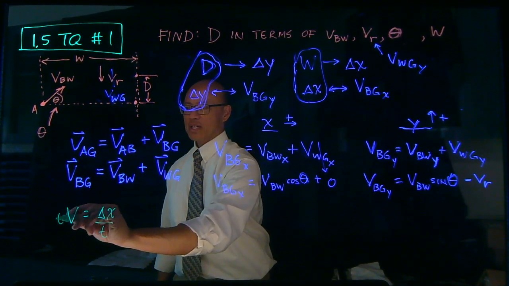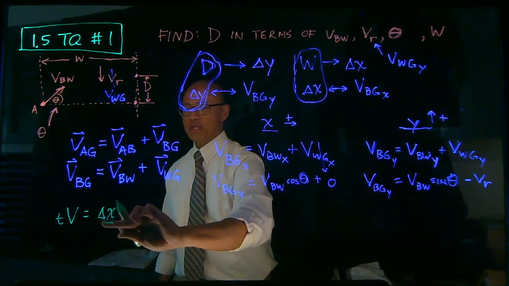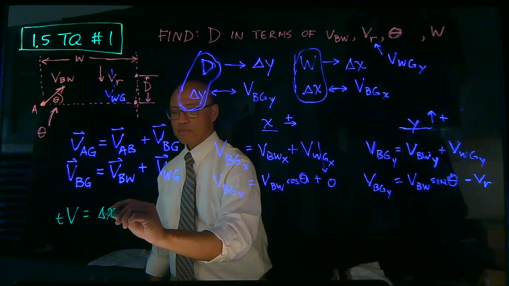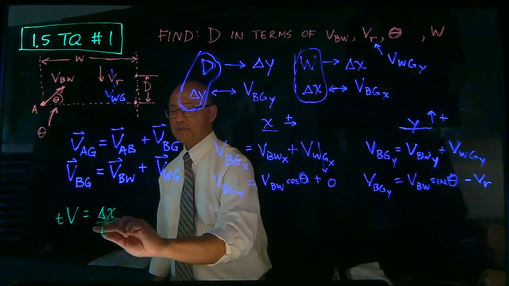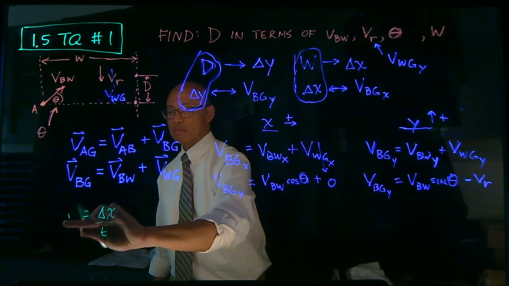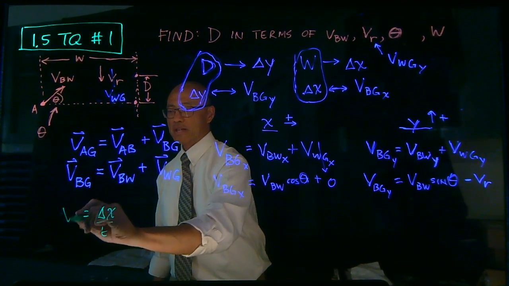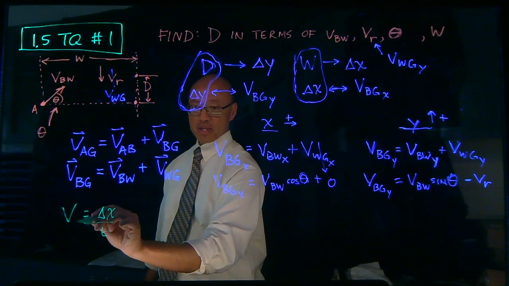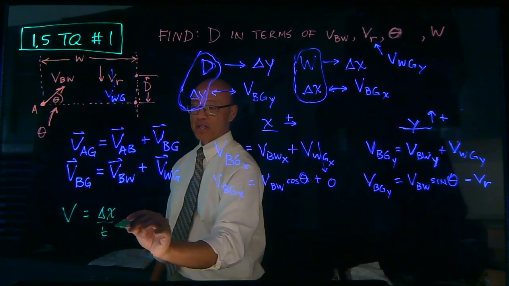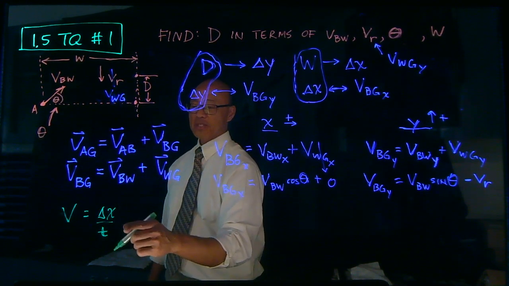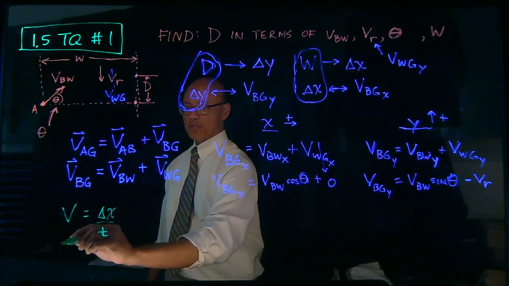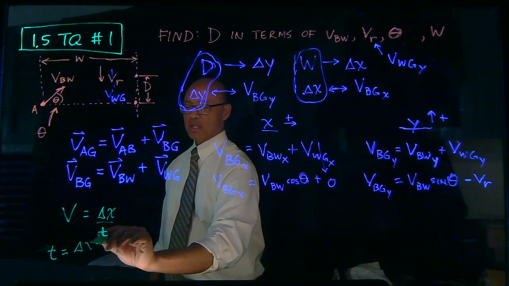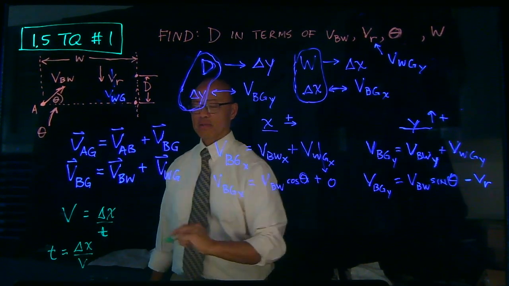So how far I go time-wise, I can just multiply both sides by t, and I get that. Or likewise, I must have done this in the same amount of time. If this is constant velocity, so I'm not going to worry about the average velocity. It's constant, so the v doesn't change. That also means that the amount of time it takes to cross is equal to that displacement divided by v.